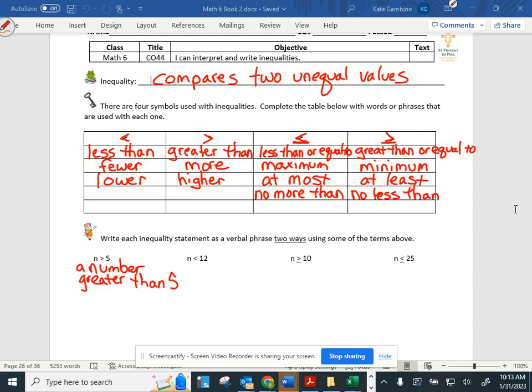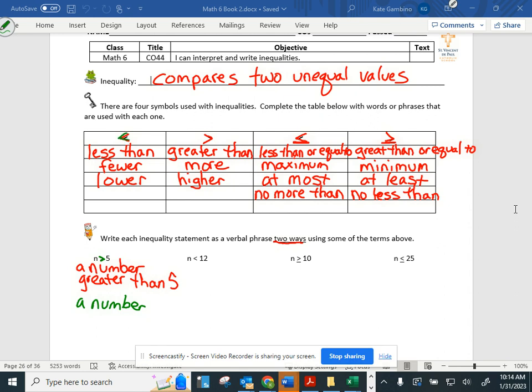Now it says 2 ways. So who could tell me a second way? Aiden B. 5 less than a number. But is this symbol a less than symbol? I know. It's a greater than symbol. So we're going to start with N. So a number.